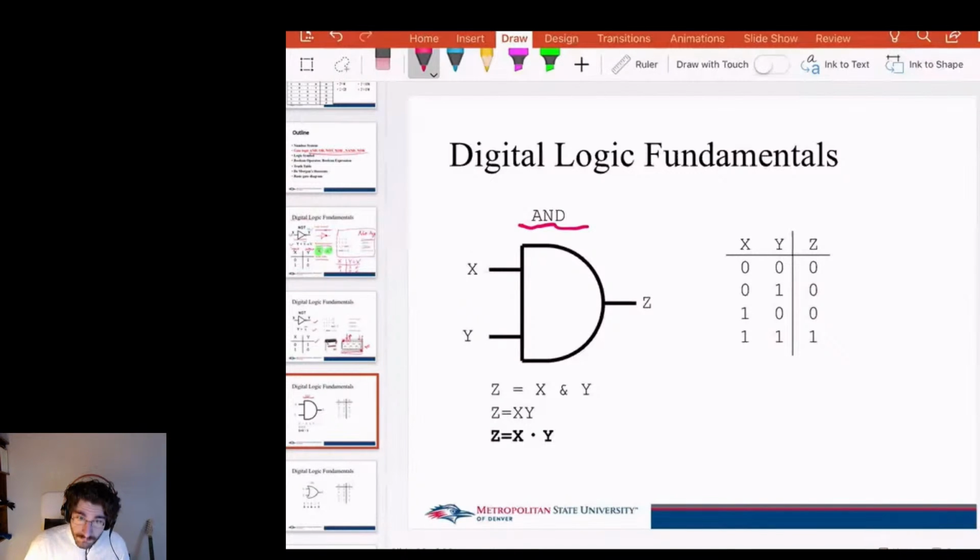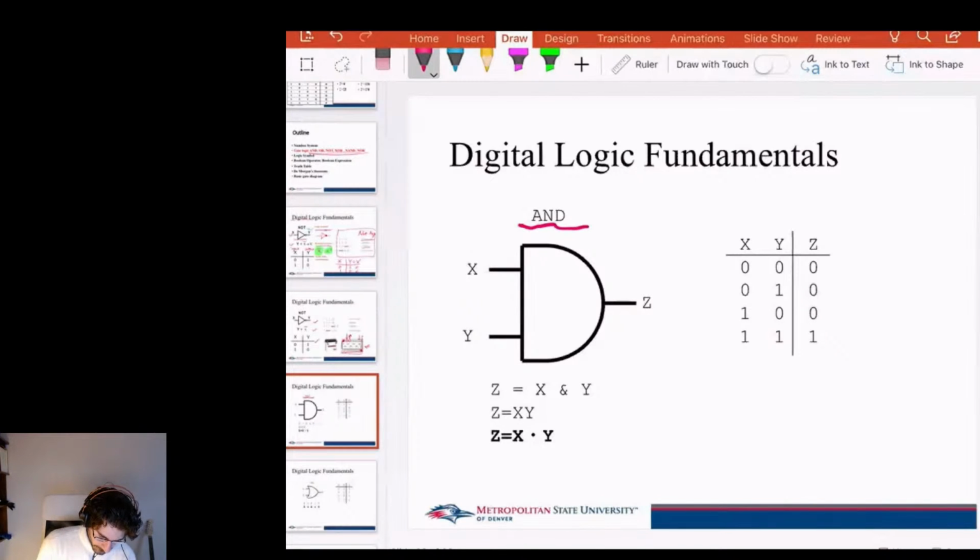So the AND logic basically means all the input conditions have to be satisfied at the same time.